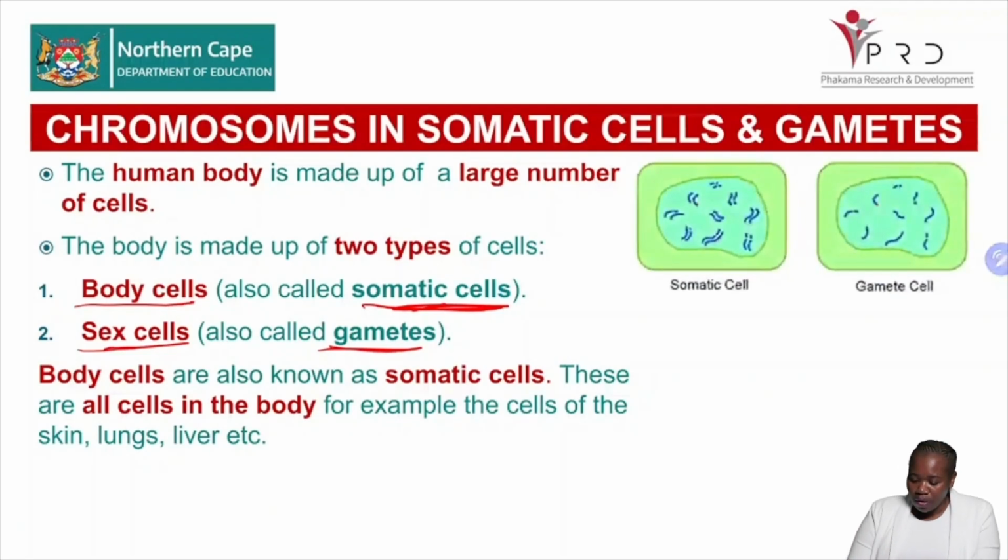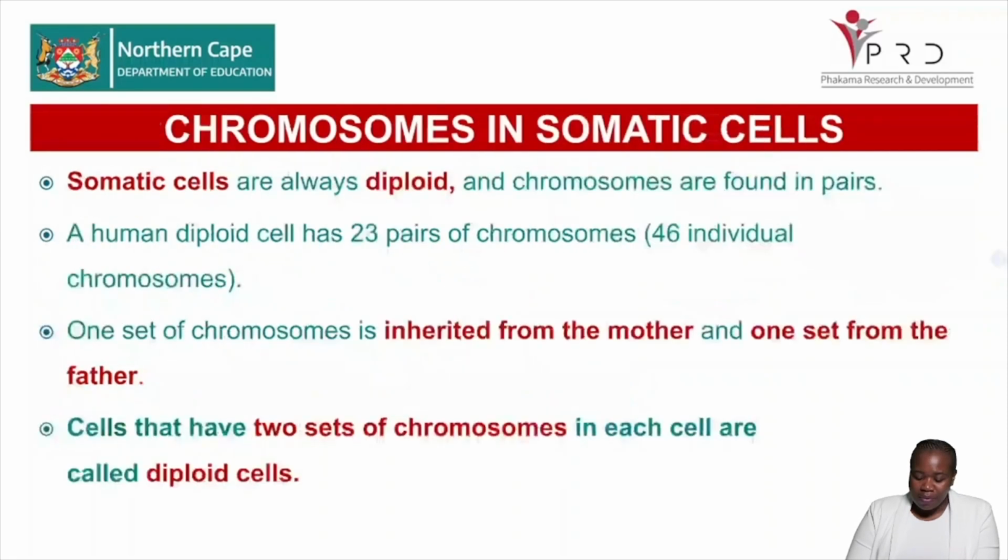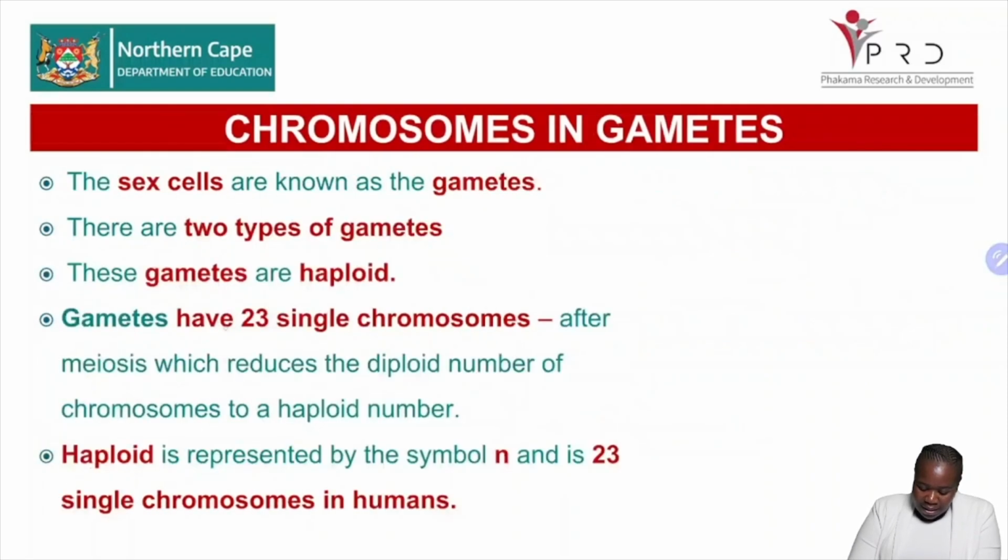Now, the number of chromosomes in the somatic cells is diploid, and in the gametes it is haploid, meaning that in the somatic cells there are 46 chromosomes, whereas in the gametes or sex cells there are only 23 chromosomes, which is half of the number that we have in the somatic cells. Hence, we say that gametes have half the number of chromosomes. They are haploid, whereas somatic cells are diploid.